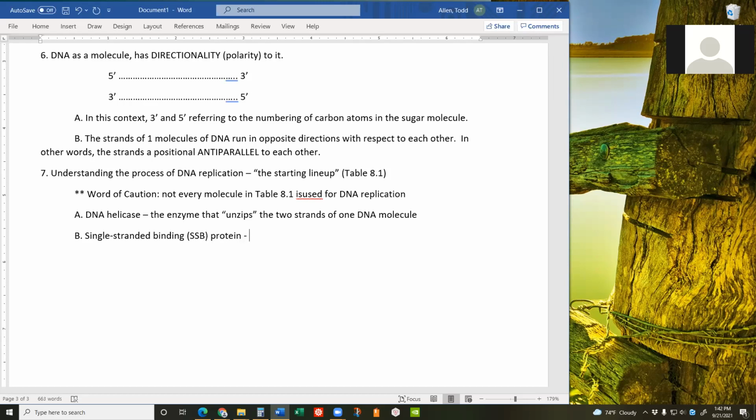Single strand binding proteins are proteins that sit down on the newly unzipped strands of DNA and stabilize their structure. They attach to the newly unzipped single-stranded regions of DNA and stabilize their structure.